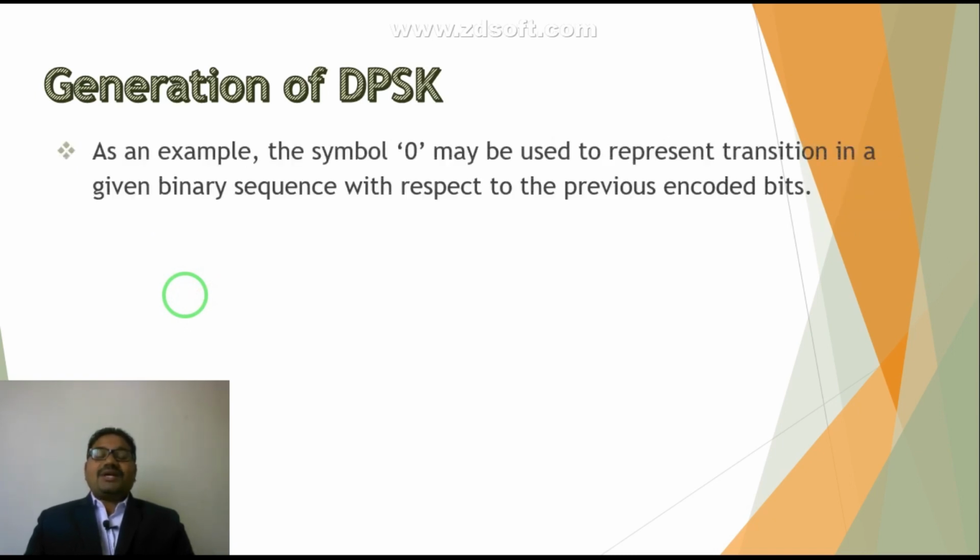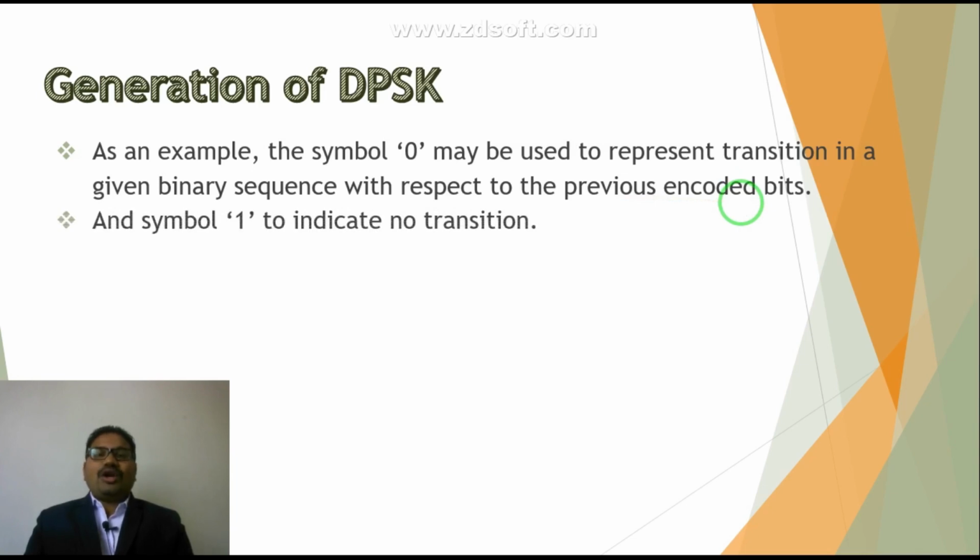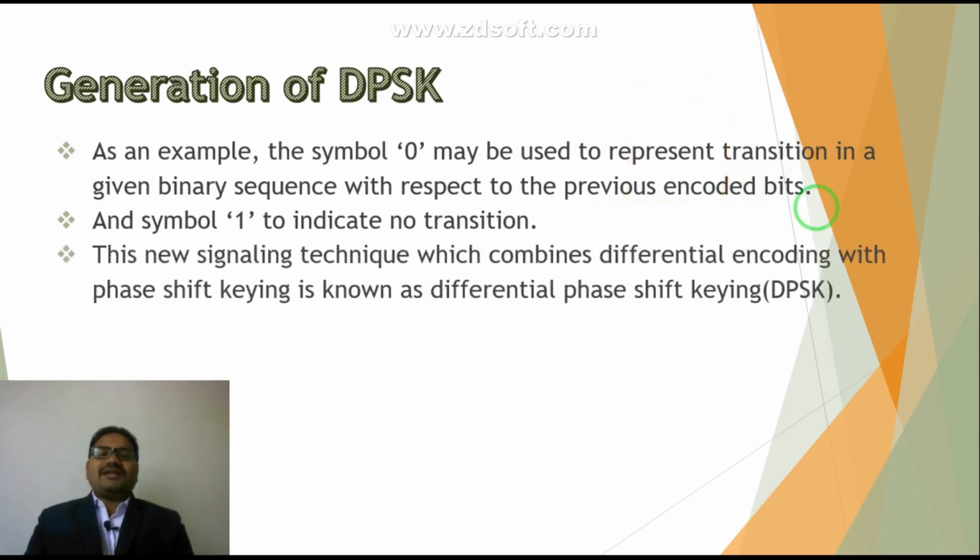As an example, symbol 0 may be used to represent a transition in a given binary sequence with respect to previous encoded bits. So symbol 0 is going to represent a transition. Otherwise, symbol 1 is going to indicate no transition. The new signaling technique which combines this differential encoding with phase shift keying is also known as differential phase shift keying.